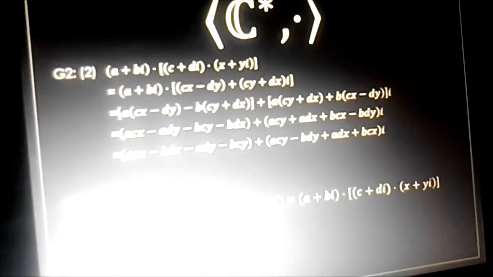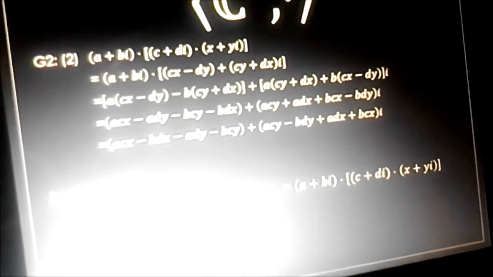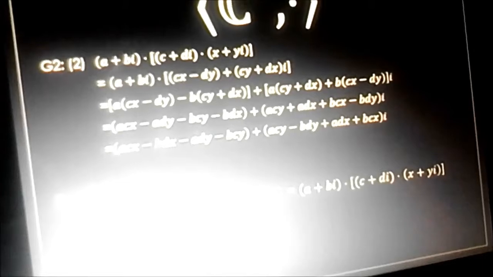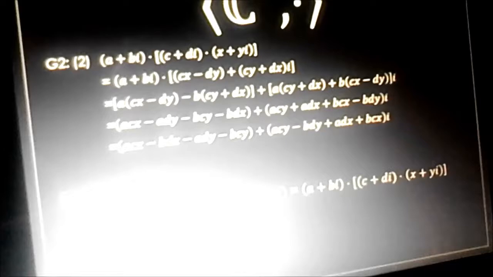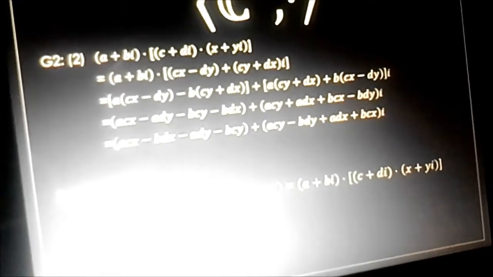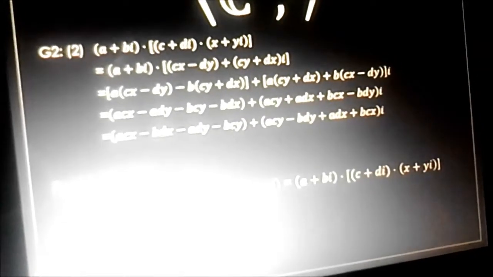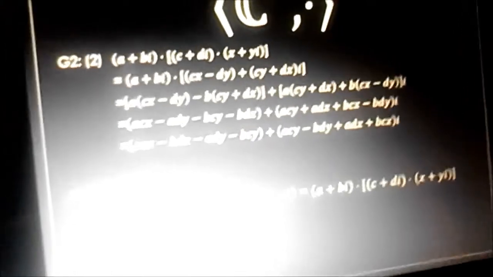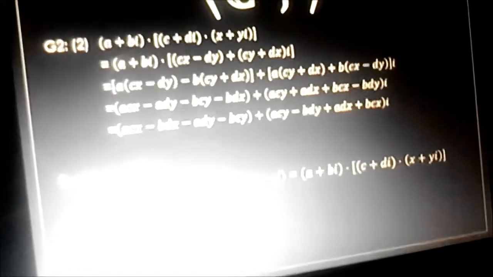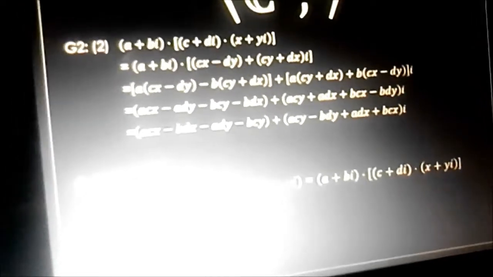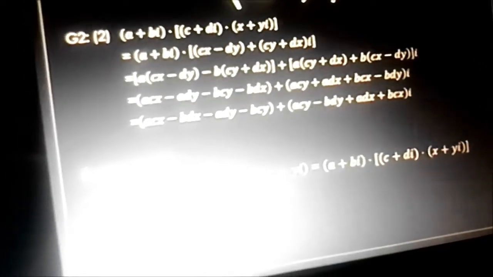So by the solutions that we have in 1 and 2, we can say that the quantity (a + bi)(c + di)(x + yi) is equivalent to the result of multiplying (a + bi) by (c + di)(x + yi). Hence, we can prove that multiplication is associative under C star, which is the complex numbers.